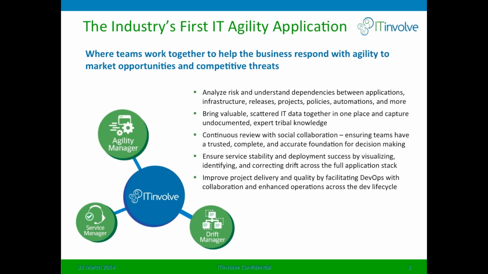We also help ensure stability and deployment success by helping you visualize, identify, and correct drift across your application environments. And finally, we help you improve project delivery and quality by facilitating your transformation to DevOps and improving collaboration across teams and enhancing operations across the entire end-to-end development lifecycle.